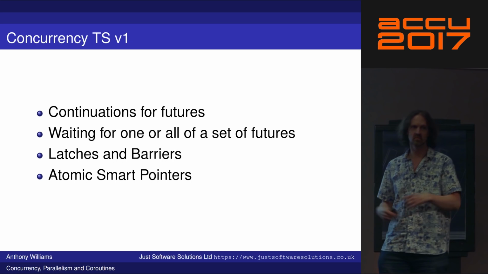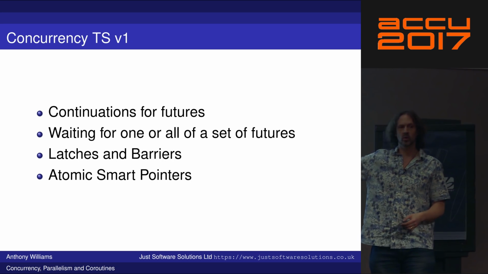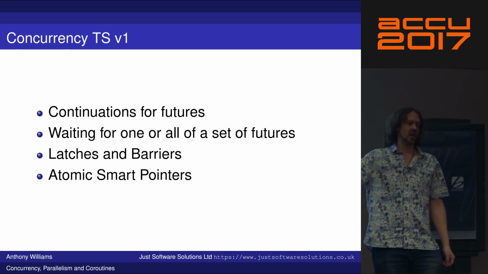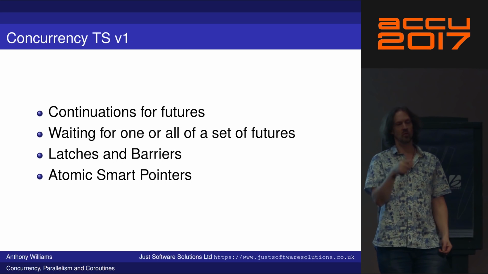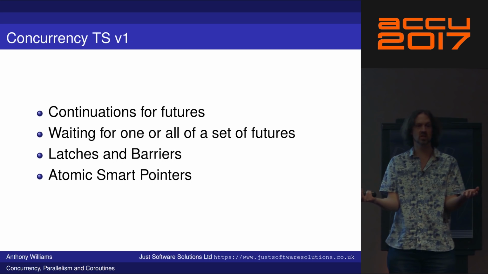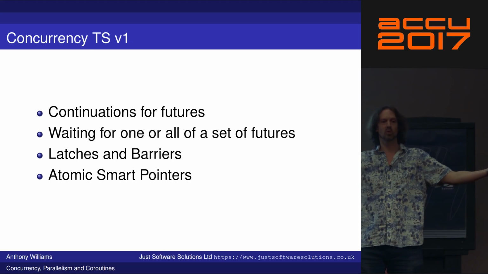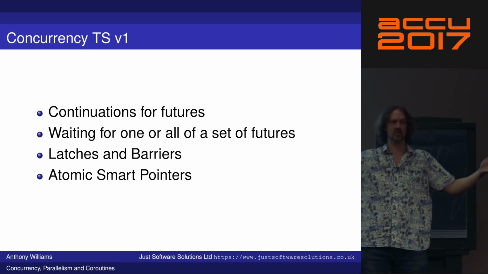They're great, but that's all I'm going to say today, unless people have active questions. Likewise, atomic smart pointers are in there. Atomic smart pointers are really great. These are shared pointers, but whereas with a normal shared pointer, you have separate shared pointers that refer to the same object, you can have them on separate threads, it's all fine, the reference count is atomic.